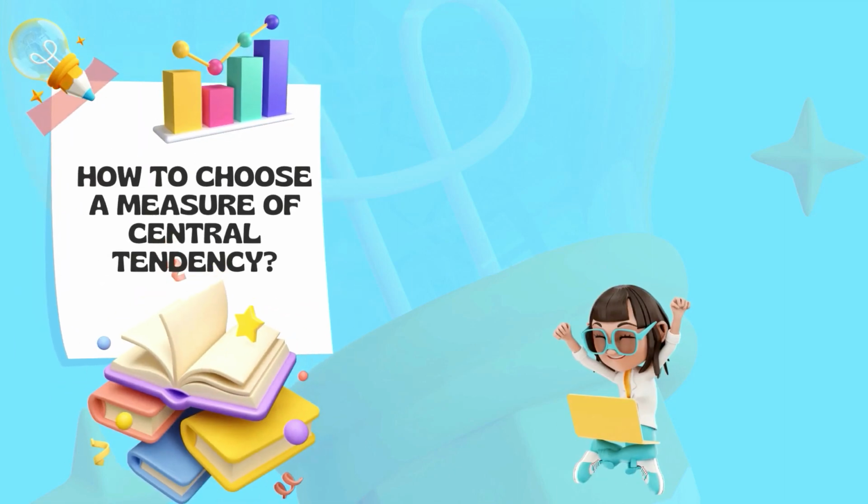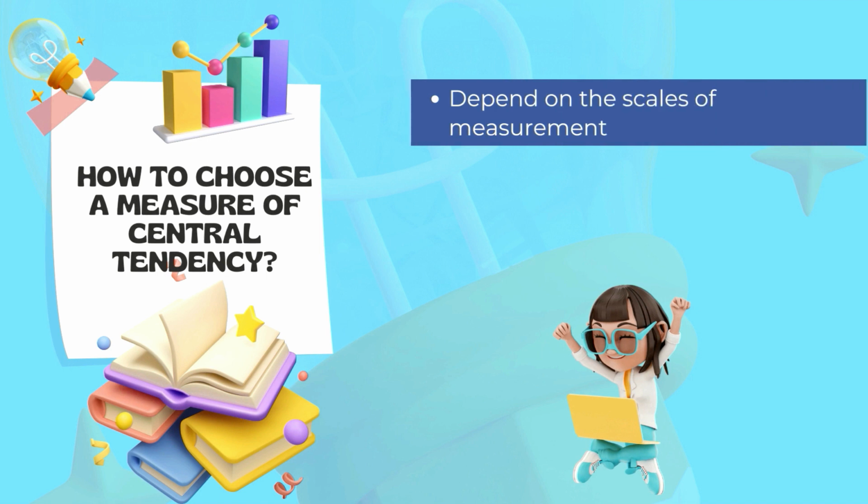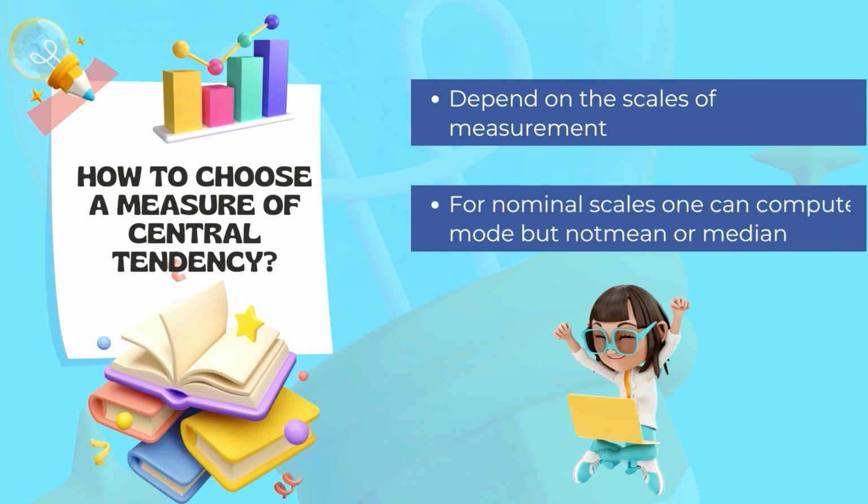The first criterion that should be taken into consideration is the scale of measurement. Whatever data you have collected, you first have to identify which scale you have used to measure it. Suppose your data is in nominal scale, ordinal scale, interval scale, or ratio scale.